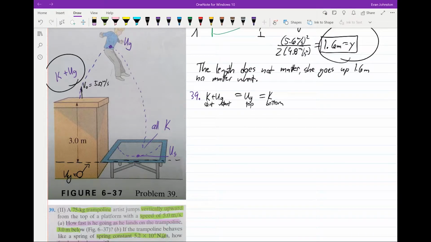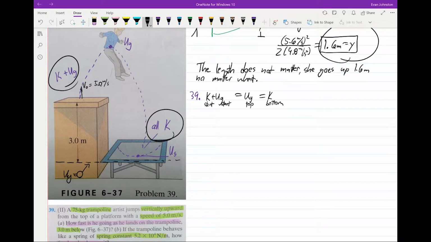That's the same thing. But since I want to end up finding the speed, I want to start using these equations as quickly as I can, really, is what I like to do. And since we know the height right here, and since we know the speed right here, I'm going to choose to set this energy equal to this energy.